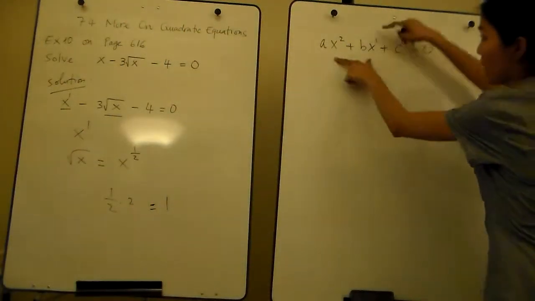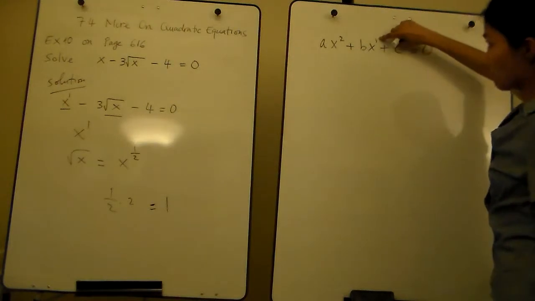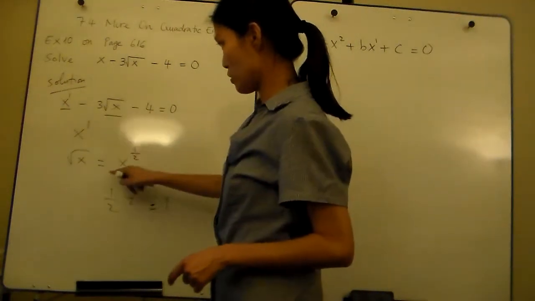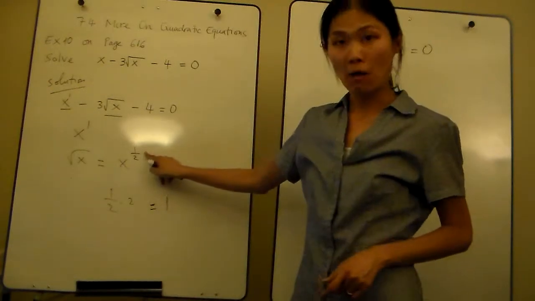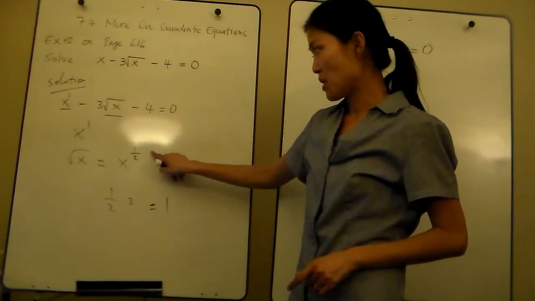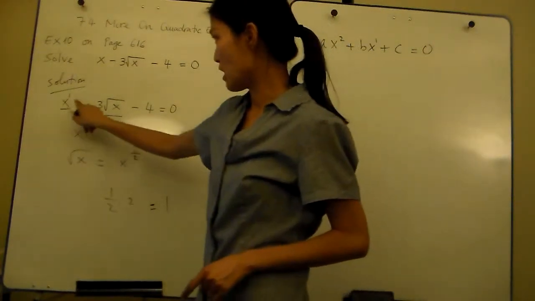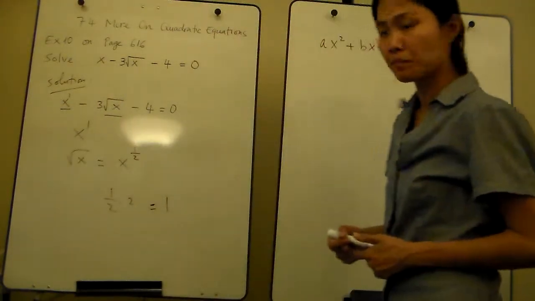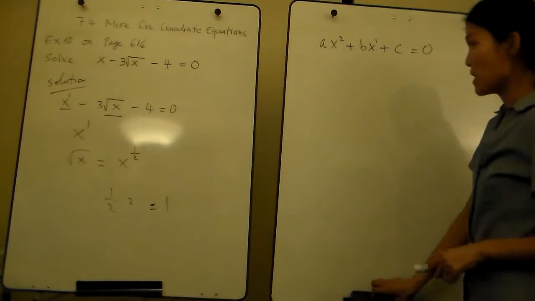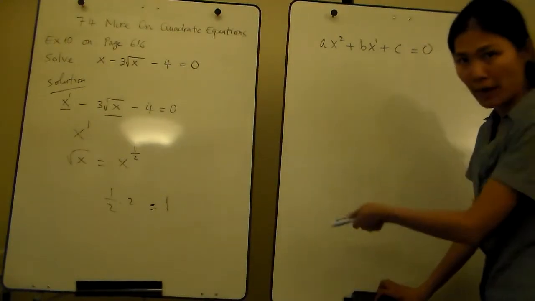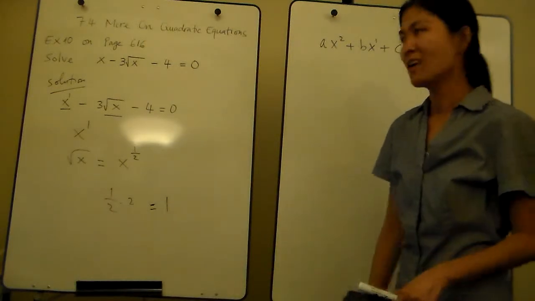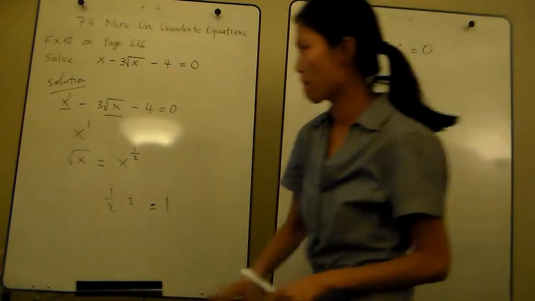These two variables relate by a factor of 2 because 1 times 2 is 2. For this square root of x, which is x raised to the 1/2 power, if you multiply by 2, you get 1, which is the exponent of this leading term. Okay? So that means you know that this is a quadratic equation, but you have to make it happen. It's not an obvious quadratic.